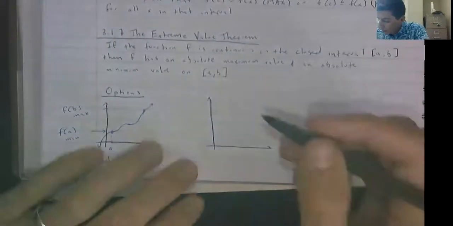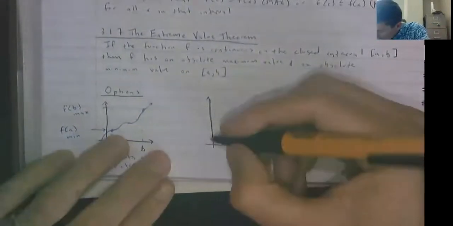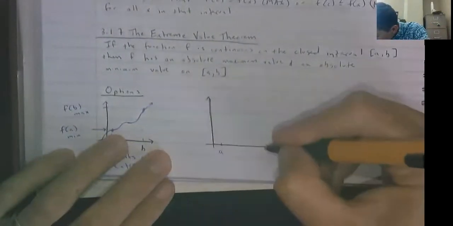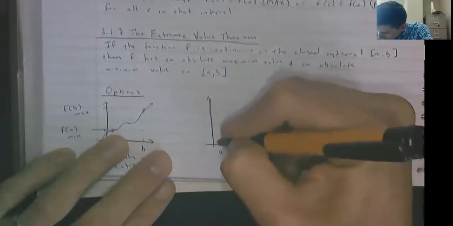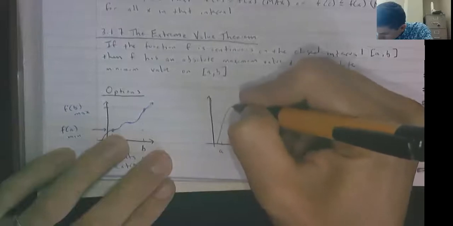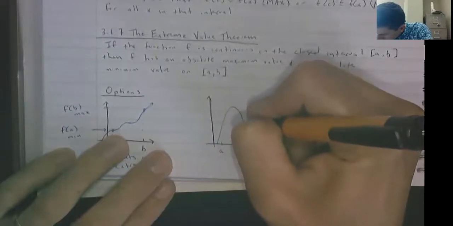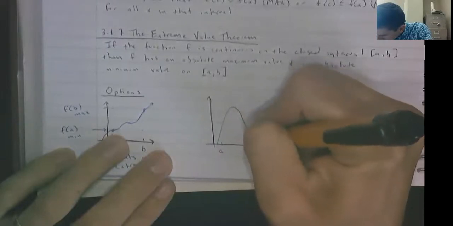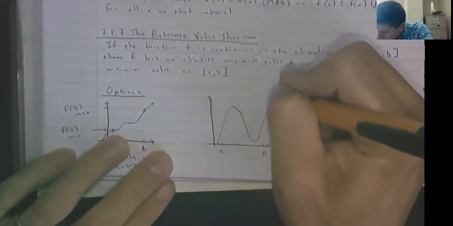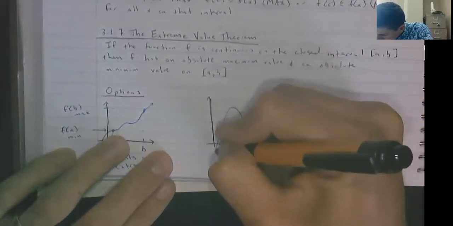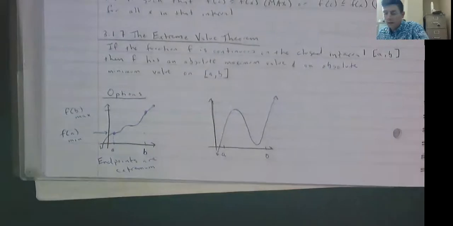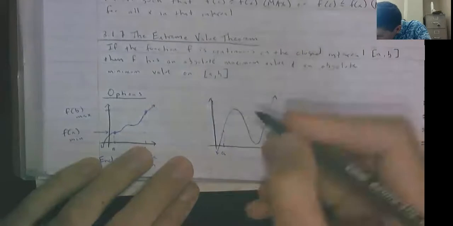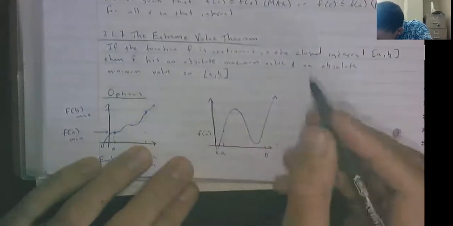Let's say you had a and b, some closed interval, continuous function, and you've got a curve that goes like that. Now, if we look at these endpoints, there's f of a.